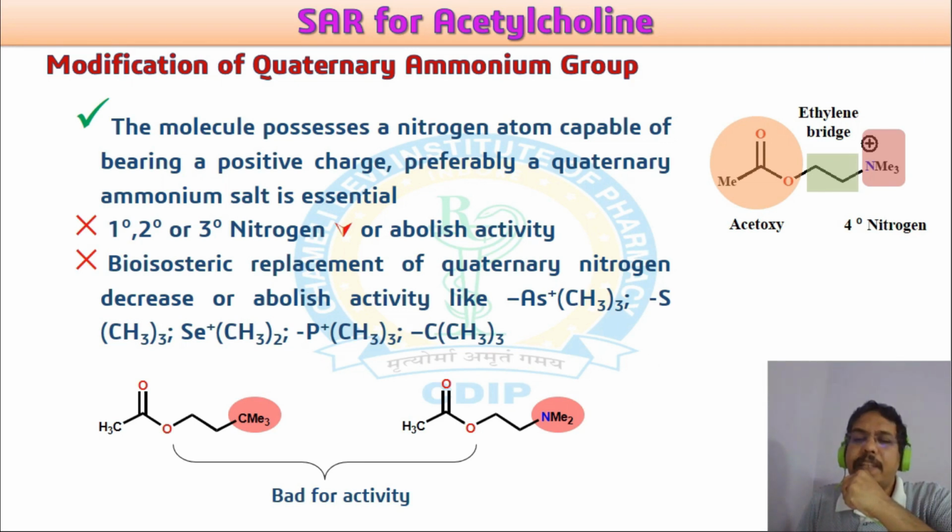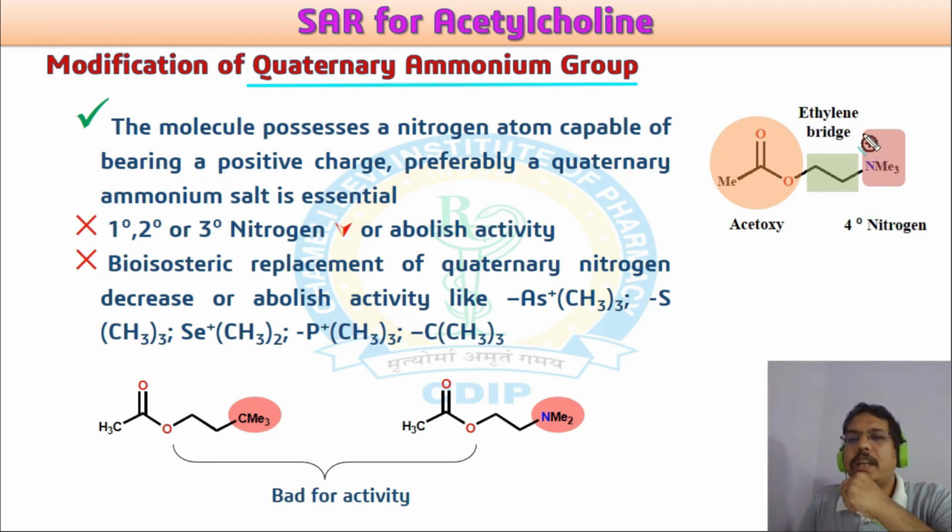Then what type of modification will we do and how do they alter the activity? So firstly, we take the modifications that take place in the quaternary ammonium group.